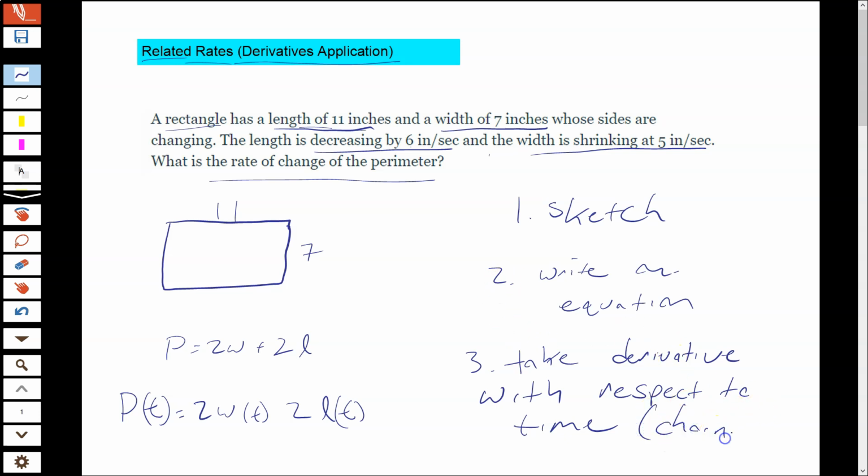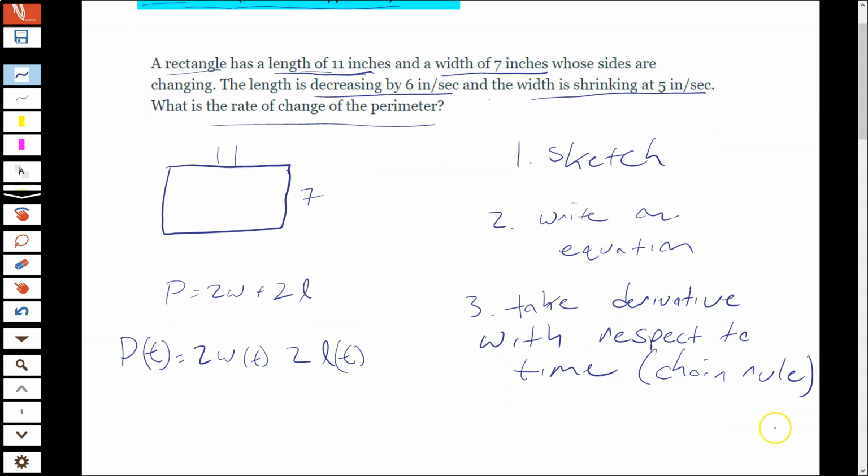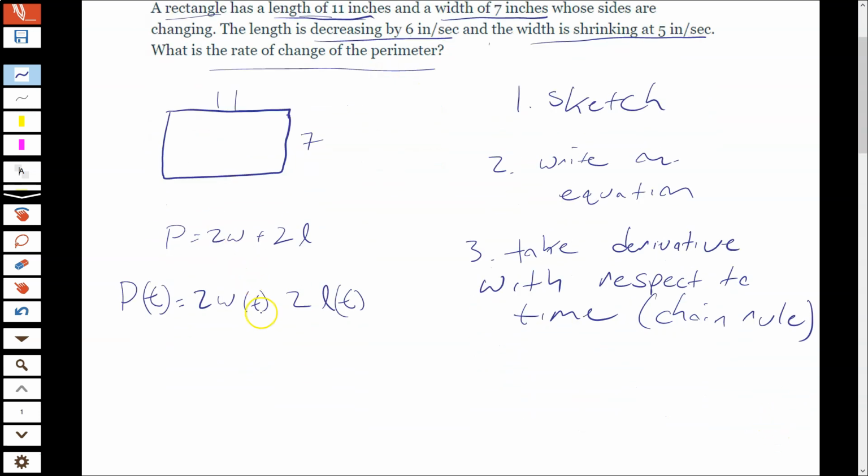So we're always going to think of this as a chain rule type of problem. So let's see what that looks like. We have some function, perimeter of time. I'm going to write the derivative using this notation, dP over dt, just because I find that kids are more successful using that notation.